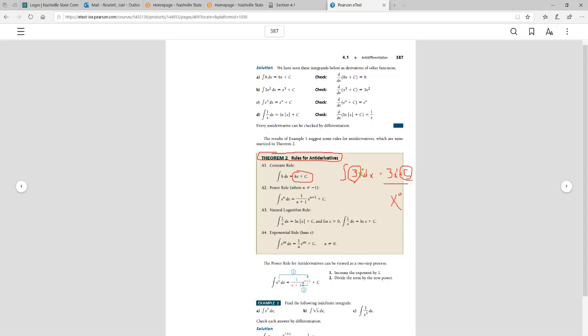In other words, if you take the integral of x to the power of n with respect to x, it's going to be x to the power of n, not subtracting 1, we add 1, and then instead of multiplying, we divide, and we divide by n plus 1. And we have to add that constant, typically, if it's an indefinite integral. And of course, that's the power rule, which is A2 here.